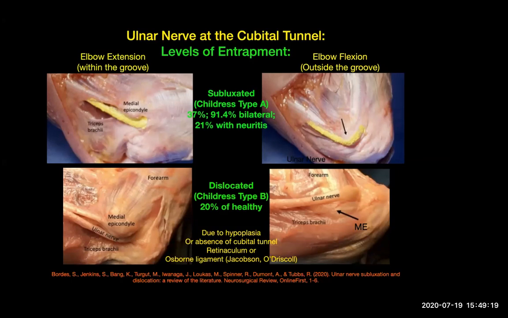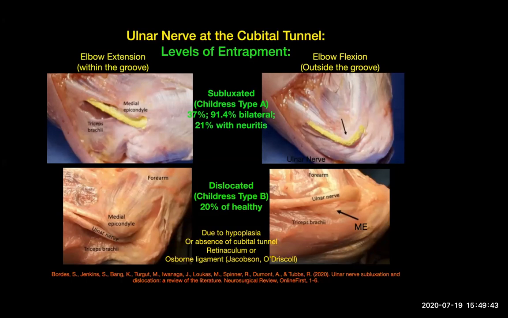The other one is what they call Childress type B. This one is actually a dislocated ulnar nerve. A subluxated nerve is not totally dislocated yet, but a dislocated ulnar nerve is actually out of the medial epicondyle when you flex it.